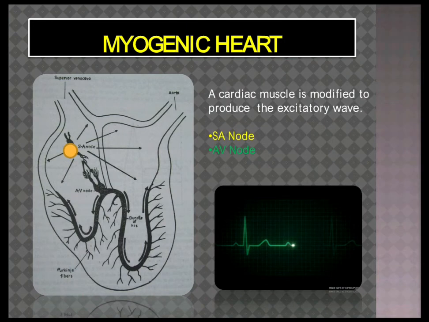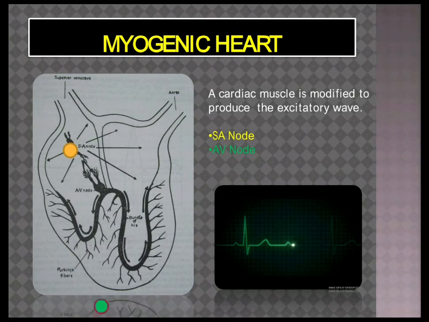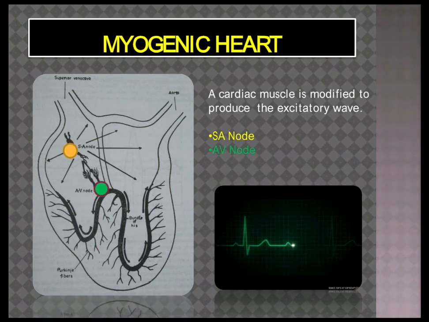If I take the second part, which is the AV node, the atrioventricular node, here we have the green dot, which is showing you the AV node. So this is the second part of the pacemaking system in the myogenic hearts. So if I take the third one, this is the bundle of His.